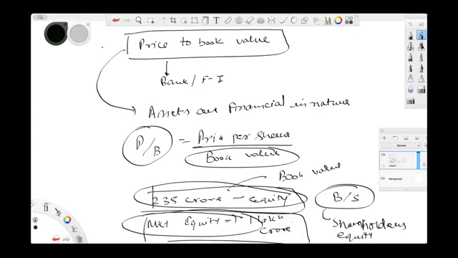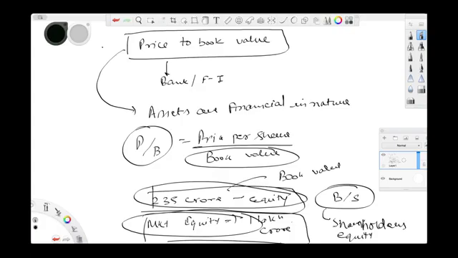What this means is that on a daily basis, the bank looks at the value at the end of the day. If the bank is holding any bond or equity, the value changes daily, so every day banks see how much is the loss or how much is the gain. This is called mark to market. Everything is very closely linked to the market. That is why we prefer price to book value. Understood?